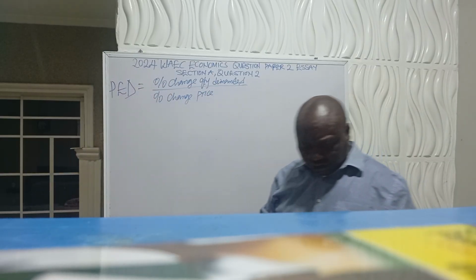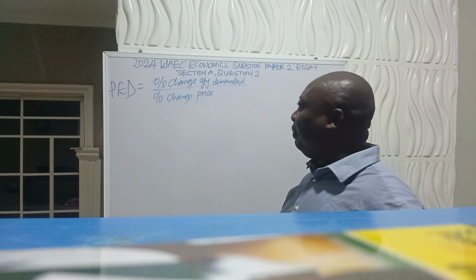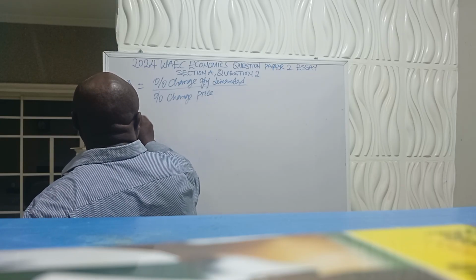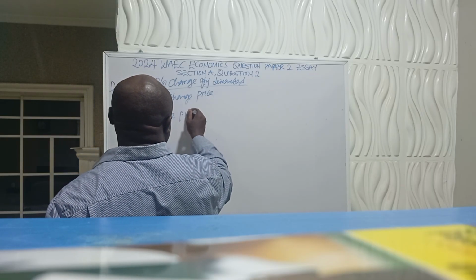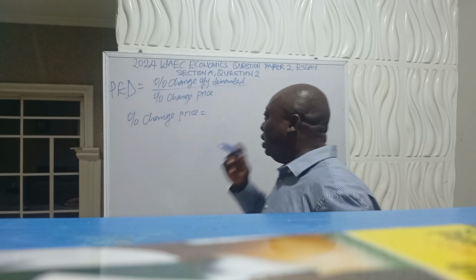This first question is saying that we should calculate percentage increase in the price. So we are talking about the one down now. Percentage change. This is what we are going to use to calculate the percentage increase in price.